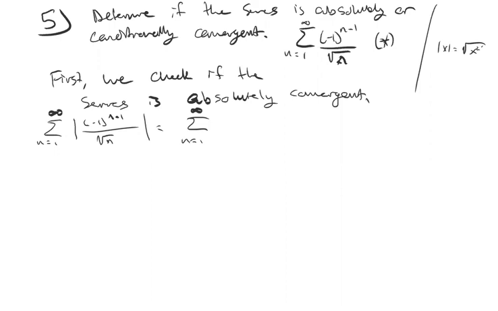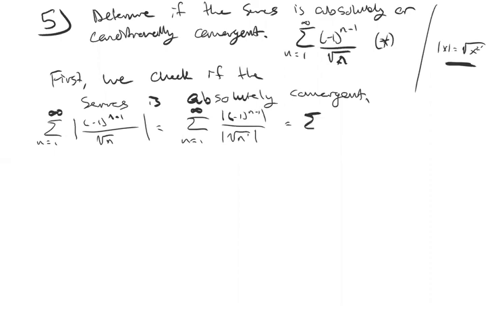If you're savvy with your exponent properties, you'll know that we can split absolute values over products and quotients like this. So this is the absolute value of (-1)^(n-1) over the absolute value of the square root of n. But the square root of n, if you recall the graph of the square root, is always positive. So that doesn't change the denominator at all. And the numerator is either 1 or minus 1, so the absolute value of that is just going to be 1.